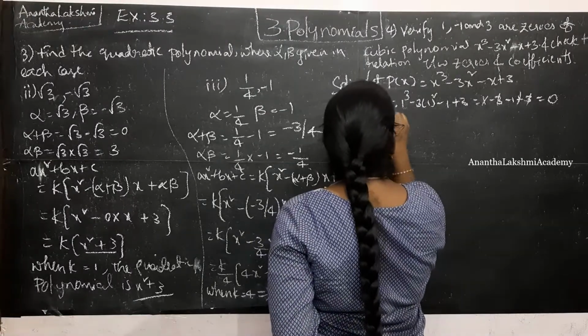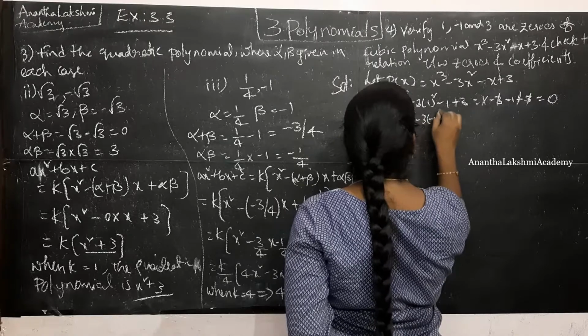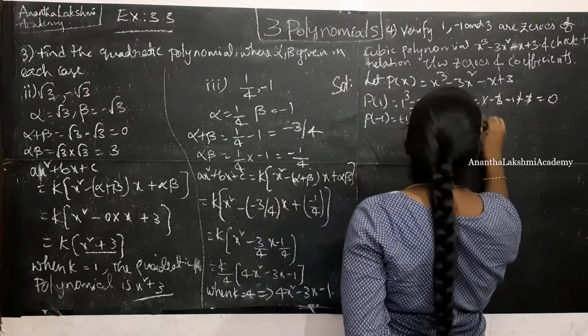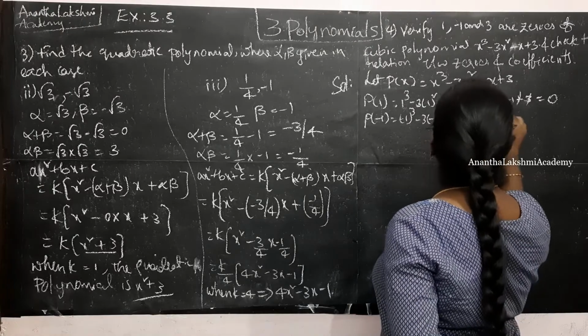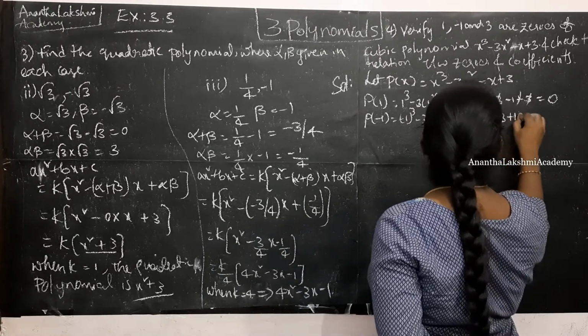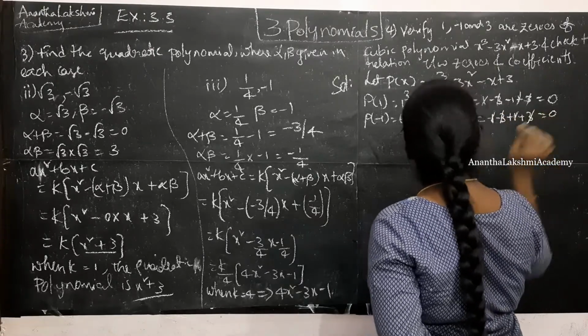P of minus 1. Minus 1 whole cube minus 3 into minus 1 whole square minus of minus 1 plus 3 is equal to minus 1 minus 3 plus 1 and plus 3. Now 3 minus 3, 1 minus 1 get cancelled, 0.